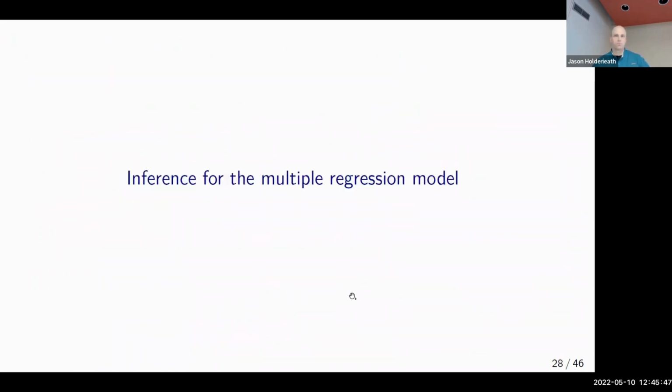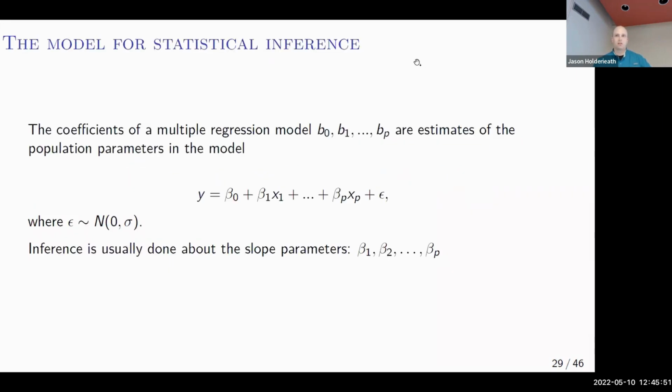Okay. Now, inference for the multiple regression model. Again, our coefficients in the multiple regression model, B0, B1, and so on, are estimates of the population parameters of the model: Y equals beta naught plus beta 1 x1 through beta p xp plus epsilon for the errors, where the errors are normally distributed with mean 0, standard deviation sigma.